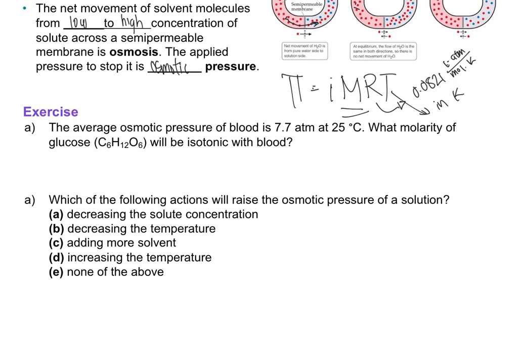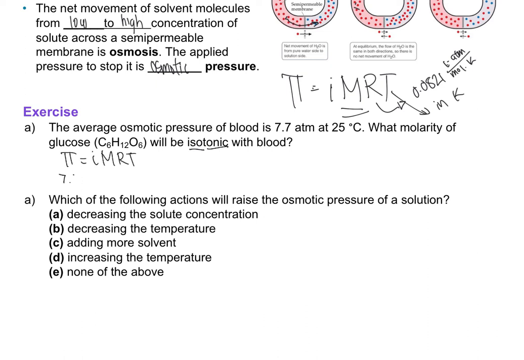So the average osmotic pressure of blood is 7.7 atmospheres at 25 degrees Celsius. What's the molarity that will be isotonic with blood, so same concentration? So pi equals iMRT.